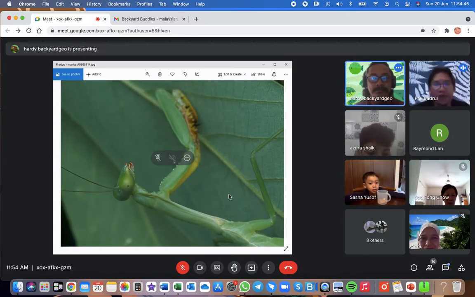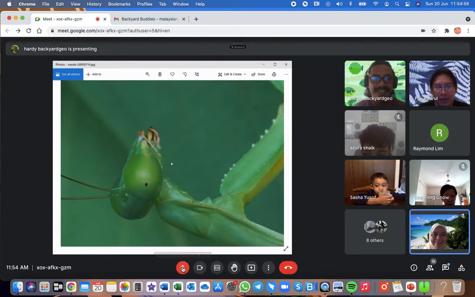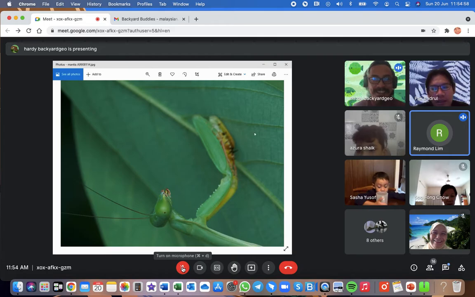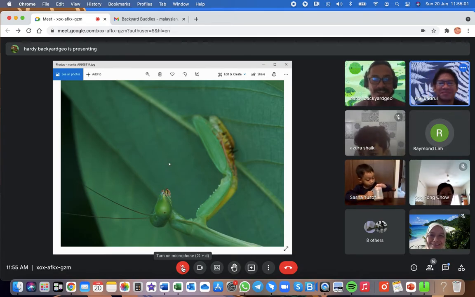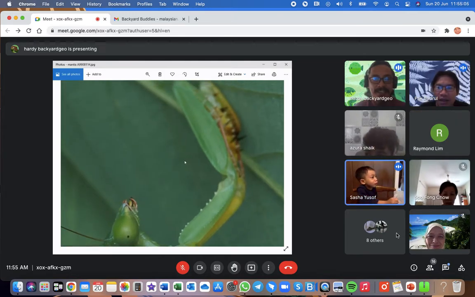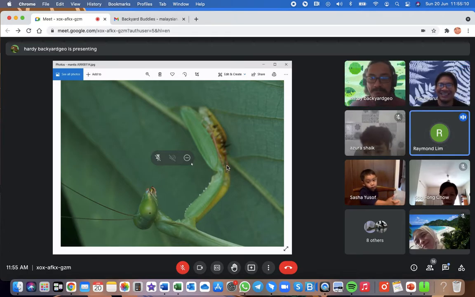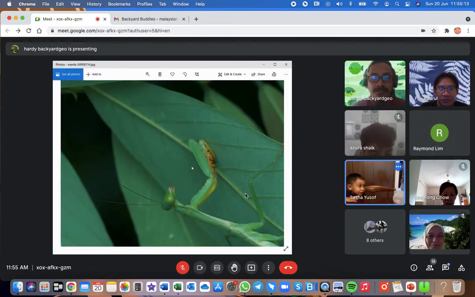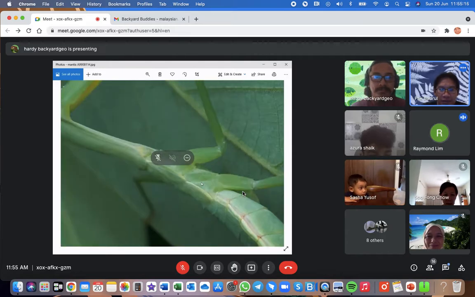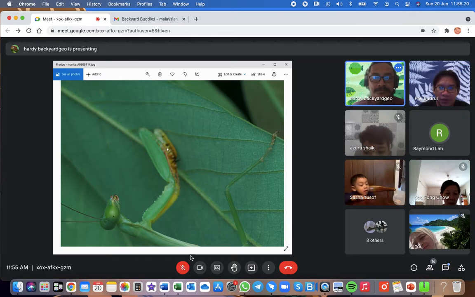The eyes look like an alien insect, like in the Alien movie, because it has teeth. Look at the front legs. They use the legs to catch prey. Is it a good one? Yes, this is a good one.